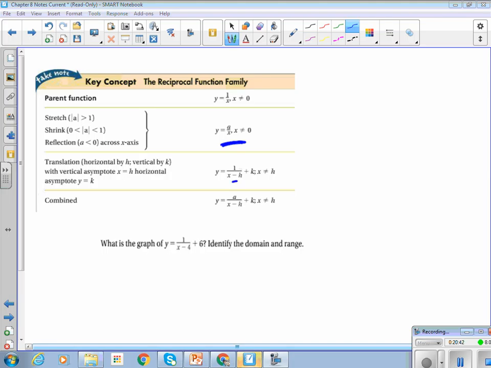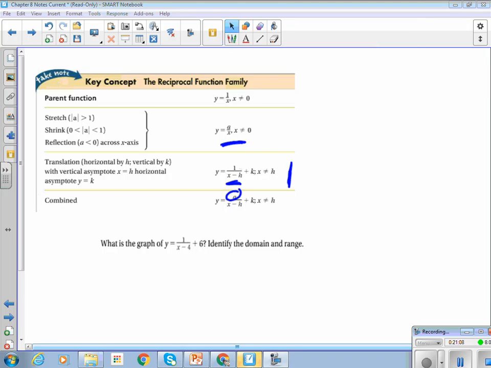When we move it horizontally, we subtract that horizontal value from x. When we move it vertically, we add that value to our whole function. And then the A stretches or shrinks or reflects our function.